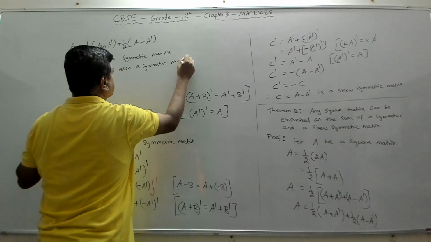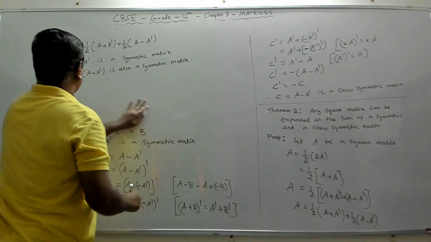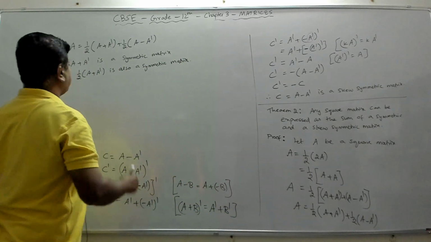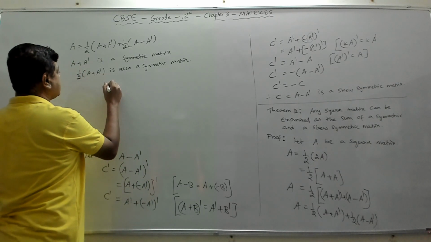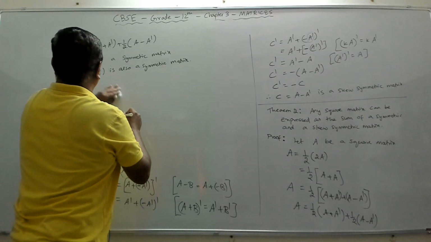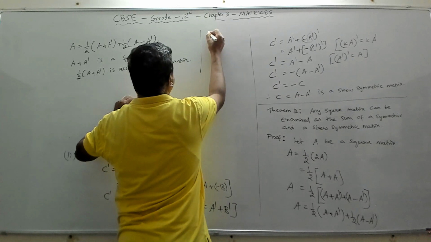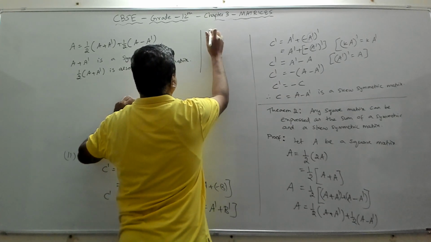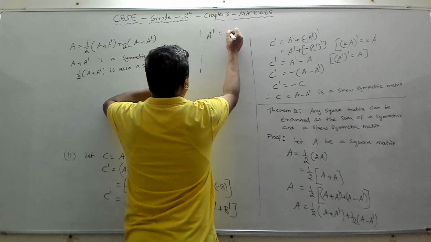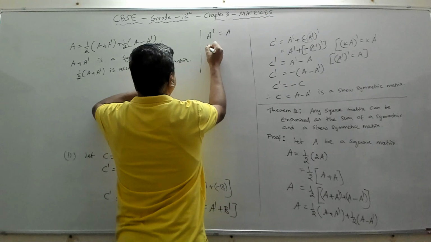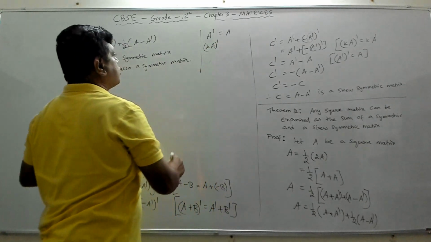Because, I can write the proof here. Suppose K is there, see K times A. The proof is, if A is a symmetric matrix, which means A transpose equal to A, then we have to prove that Ka the whole transpose is also symmetric.